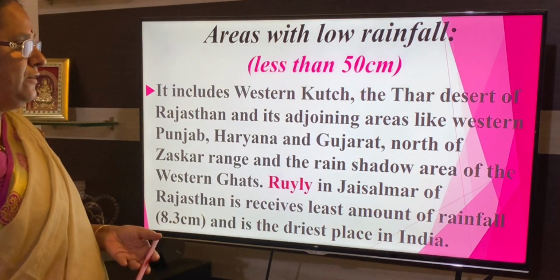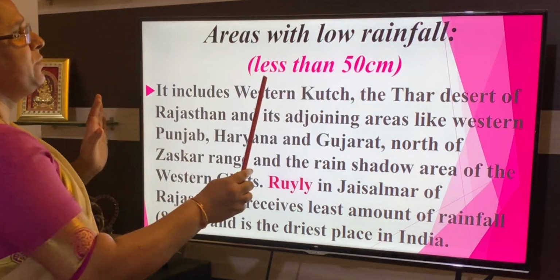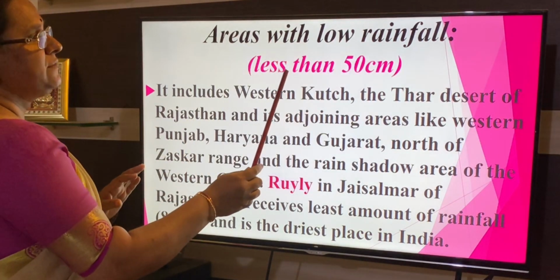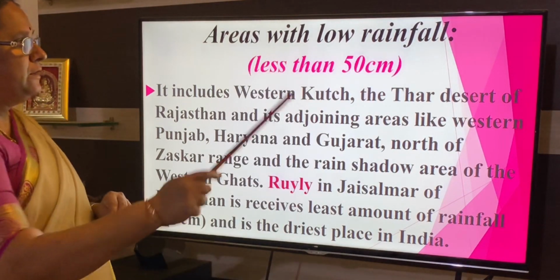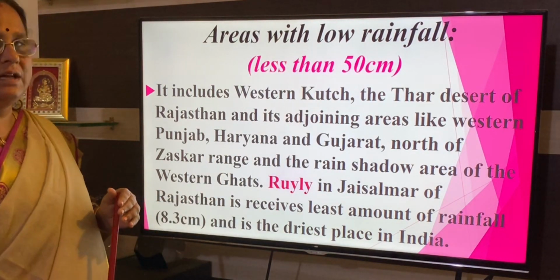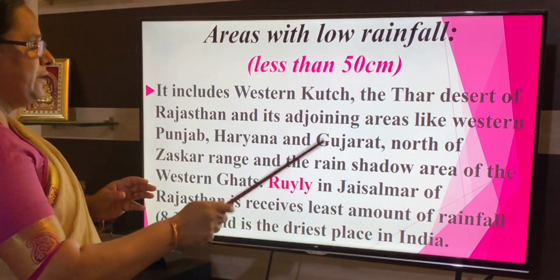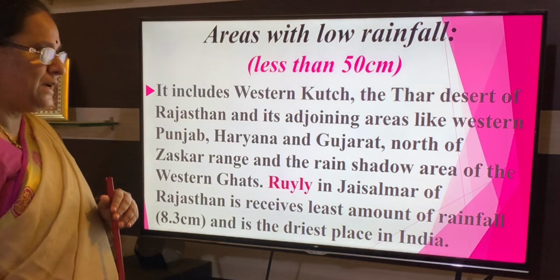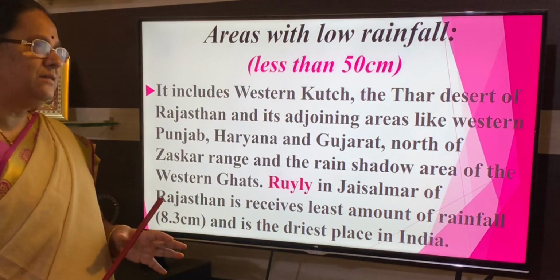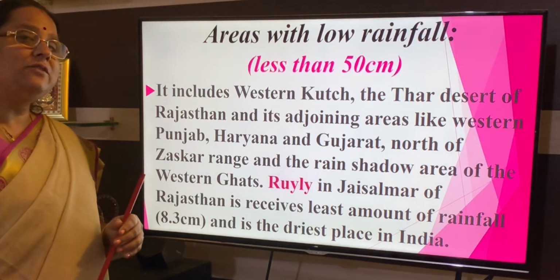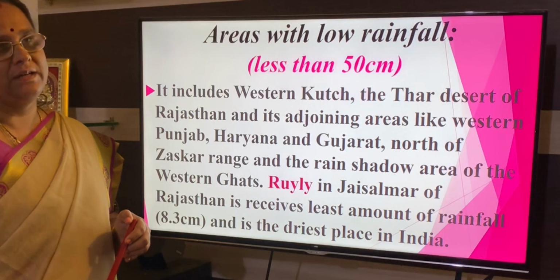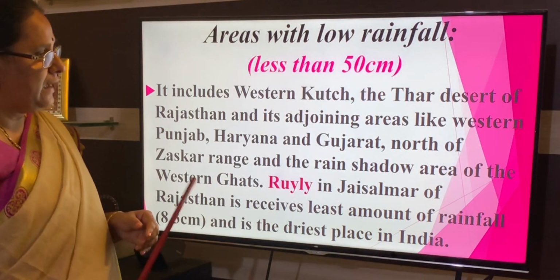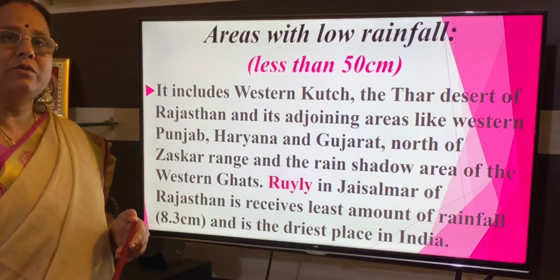If you remember these places, it's very easy to mention those which receive less than 50 centimeters: the Thar desert, then Gujarat, Haryana, Punjab. These are the places where we receive less rainfall, and don't forget to mention the rain shadow area of the Western Ghats. So these are the places you have to mention.